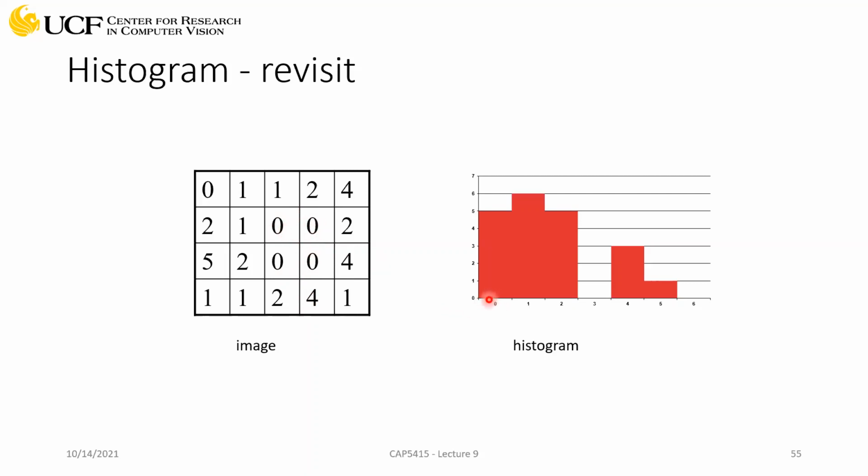So the number of pixels with 0 intensity is 5. In this case, the vote is actually just 1. Whenever that value is present, you use a vote of 1. You found this, so you added 1. You found another 0, you added 1, right? So that's why you get 5.